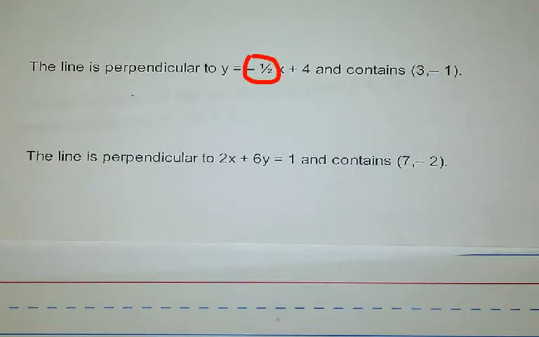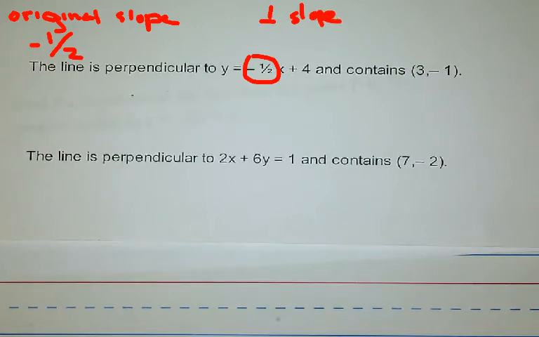Well, look, we know the original slope. The original slope is negative 1/2. So the perpendicular slope has to be what?